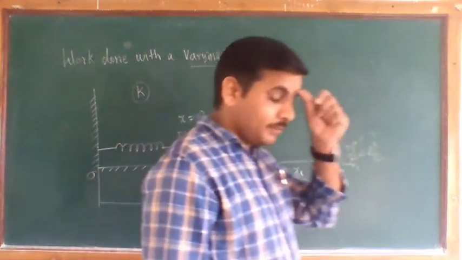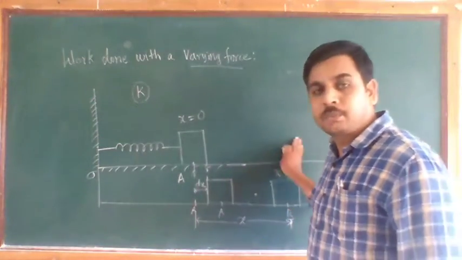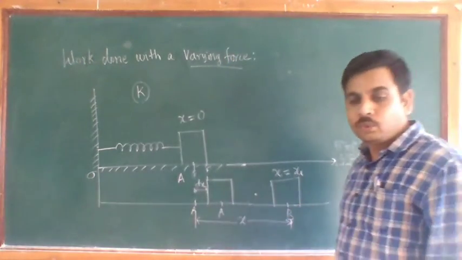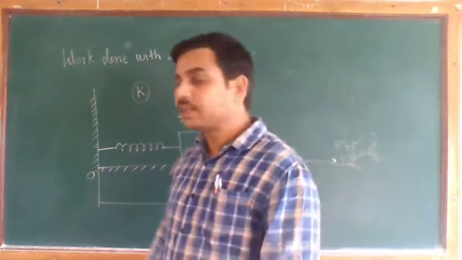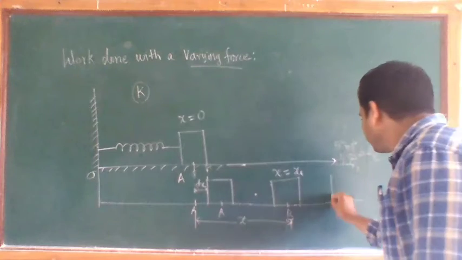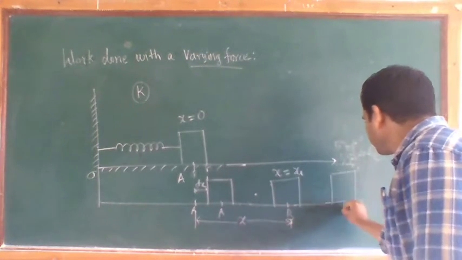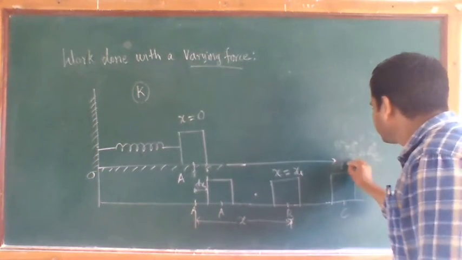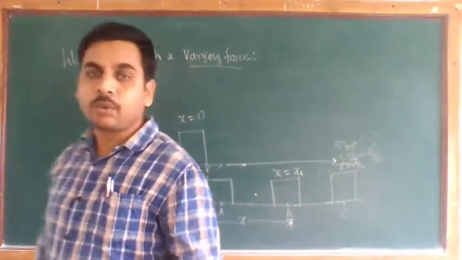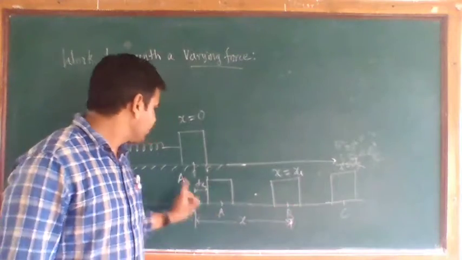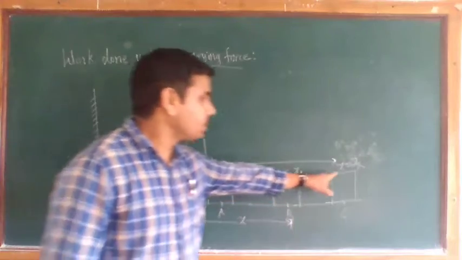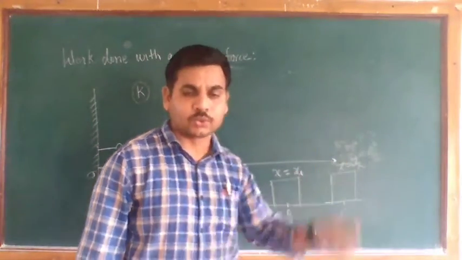Now, if you apply the varying force again, the block will move from x1 to x2, extending further to point C, where x is equal to x2. When we apply the force, the block moves from x equal to 0 to x1, and then from x1 to x2.